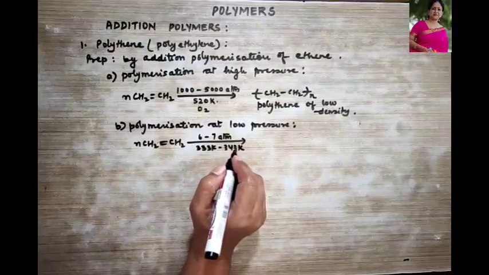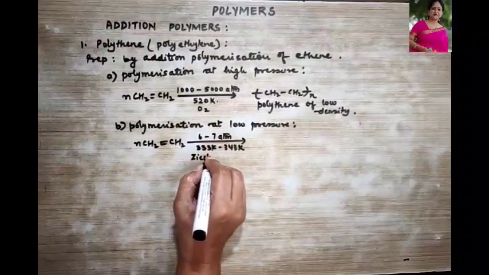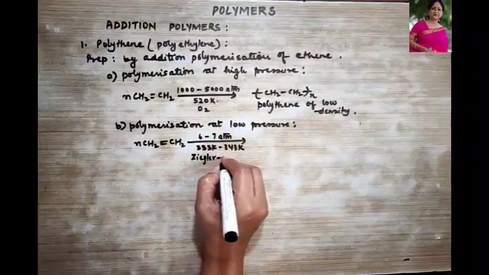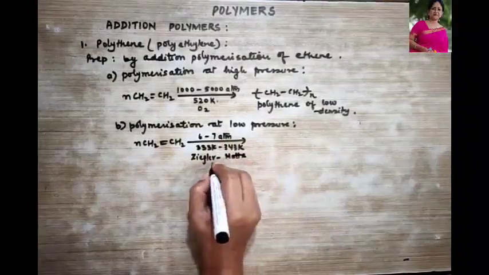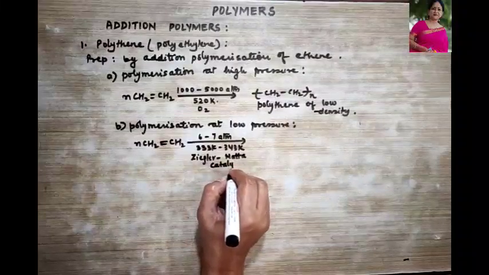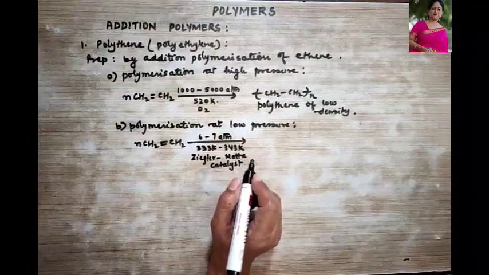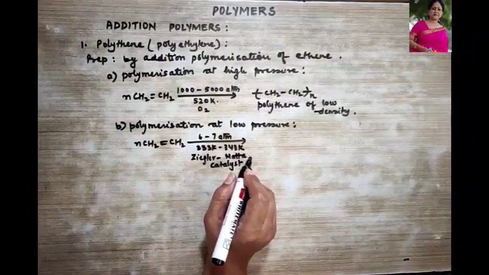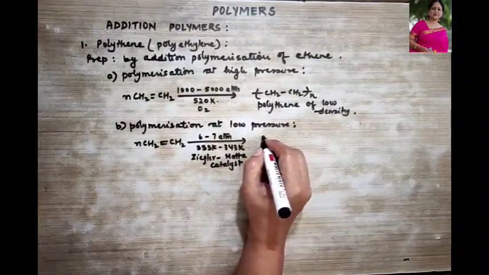And what is the catalyst used over here? Ziegler-Natta catalyst is used. We obtain a polythene which possesses linear molecules with low branching, and it has high density.